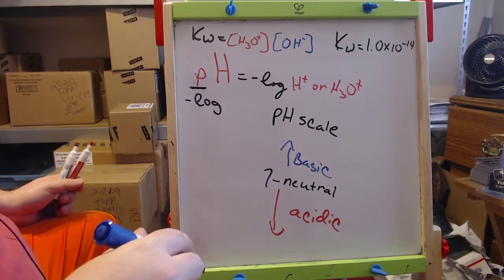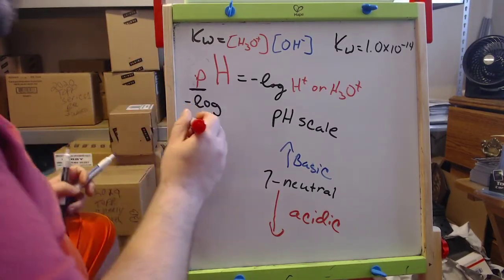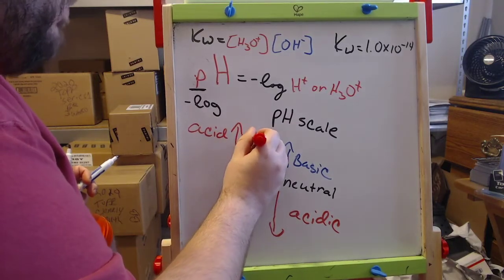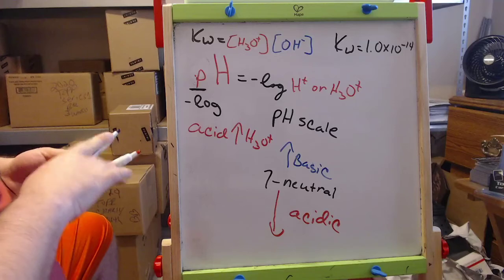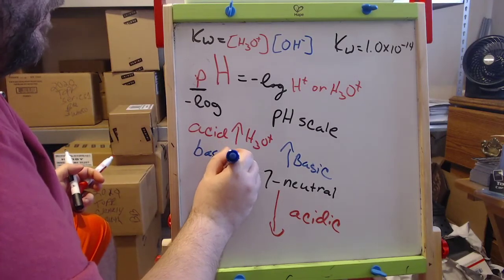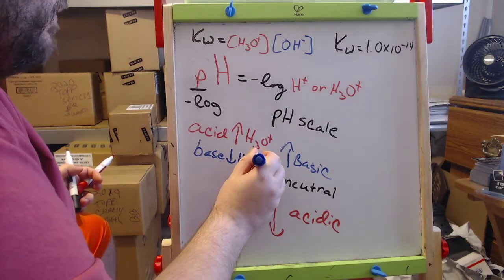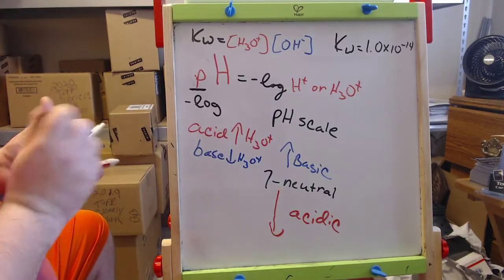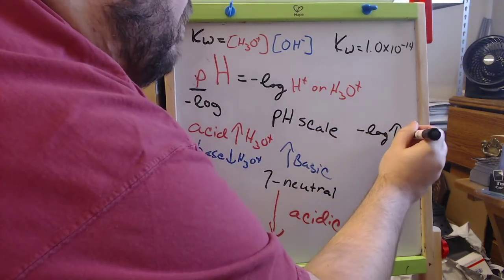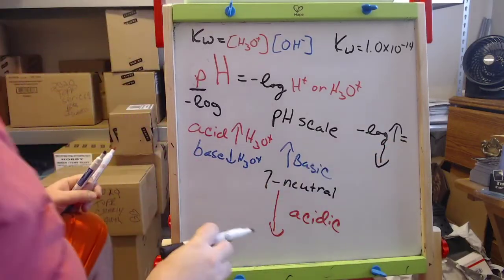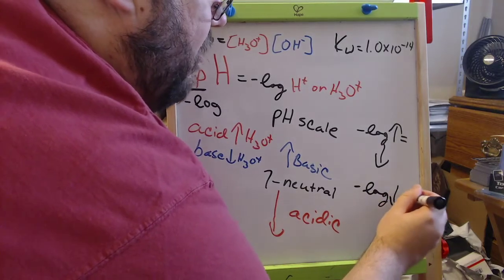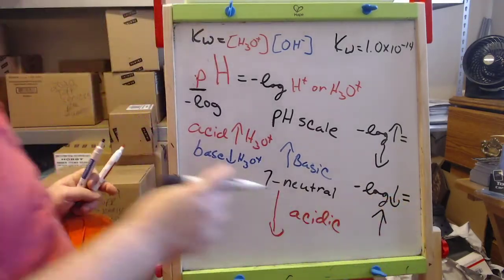Why is that the case? Well, if I'm an acid, I should have a lot of H3O plus. If I'm a base, I should have very little H3O plus, because that's not what a base does. If I take the negative log of a big number, my answer is smaller. If I take the negative log of a small number, my answer is bigger.